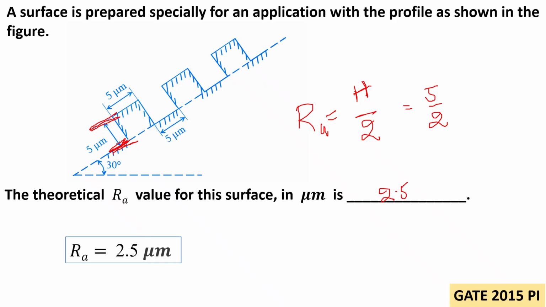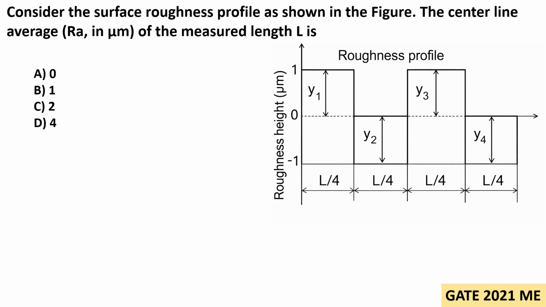Next I will go for one more problem. Consider the surface roughness profile as shown in the figure. The center line average of the measured length capital L is? Here it is given above the mean line, 1 and 2 profiles, and below the mean line 1 and 2 irregularities.